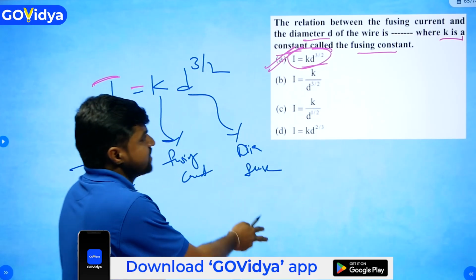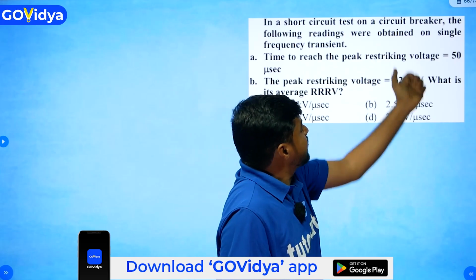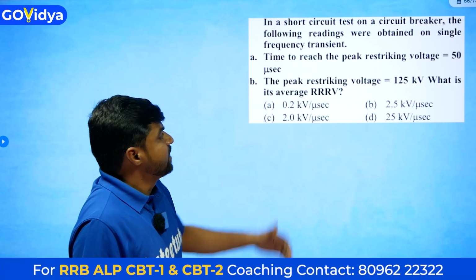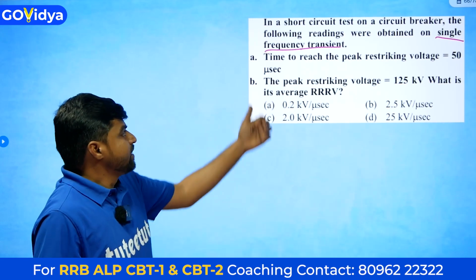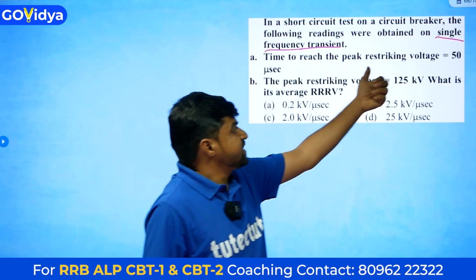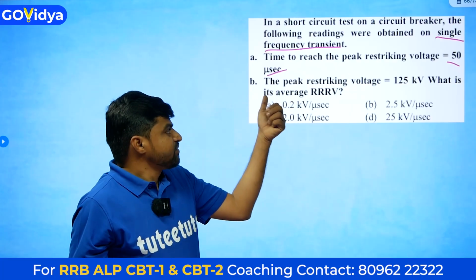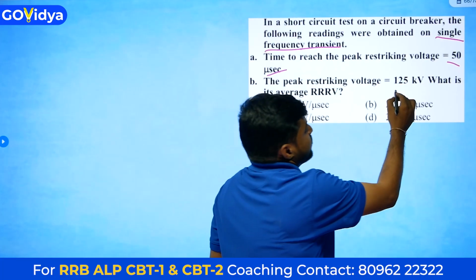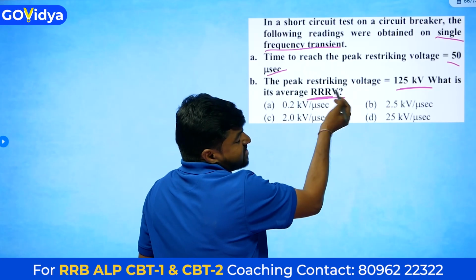Next question. In a short circuit test on the circuit breaker, the following readings were obtained on single frequency. Time to reach peak restriking voltage is 50 microseconds, and the peak restriking voltage is 125 kilovolts. What is the average rate of rise of restriking voltage?